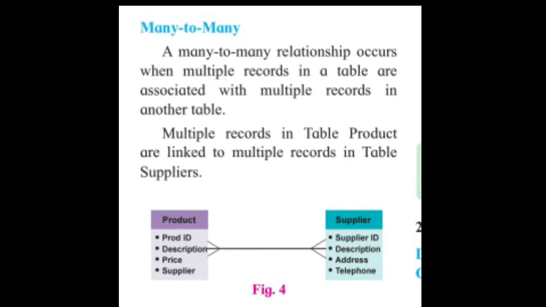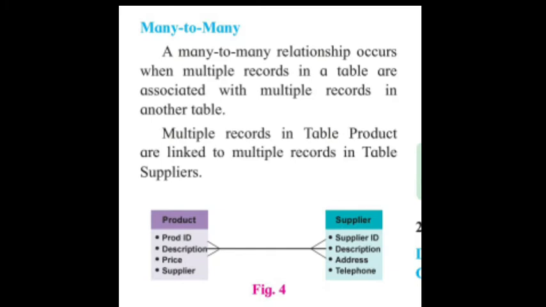So it is called what? Many-to-many relationship. Or if we take a different kind of example, many students take admission at many private tuitions. So it is also called what? Many-to-many relationship. Is that clear?